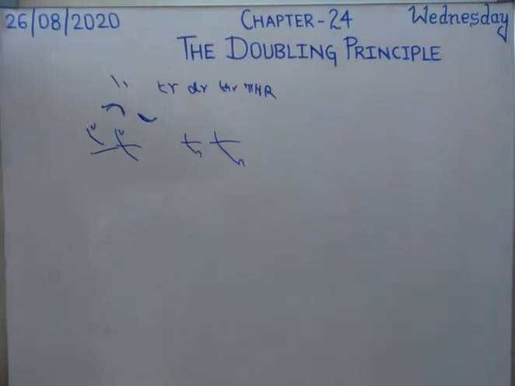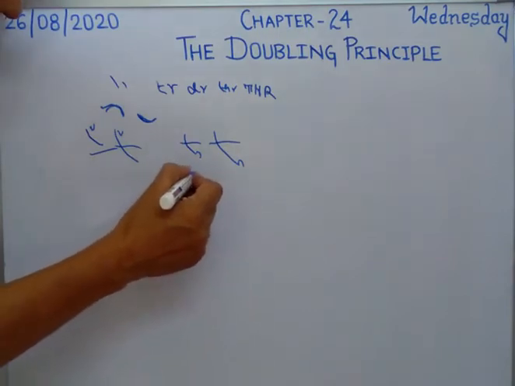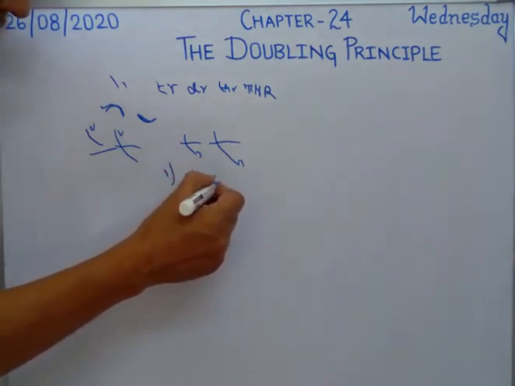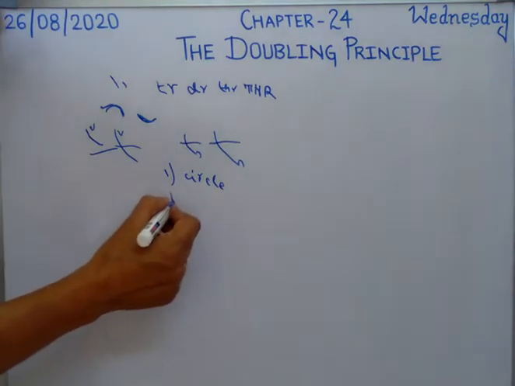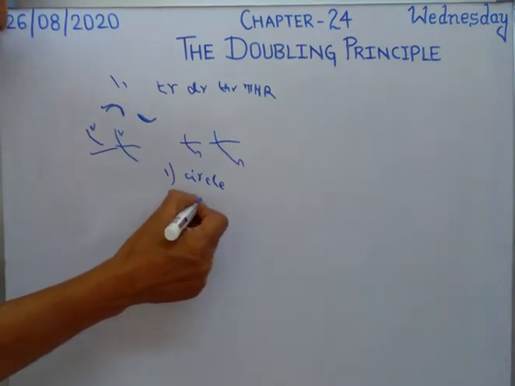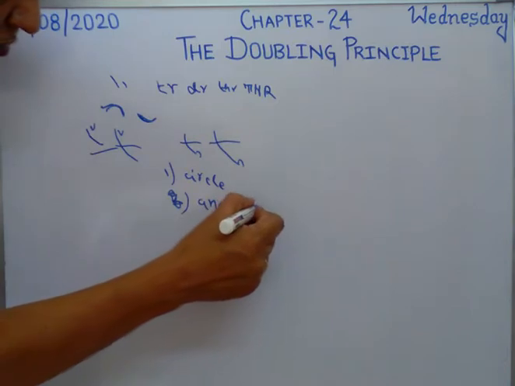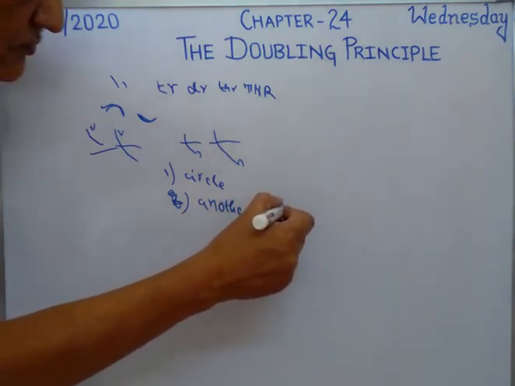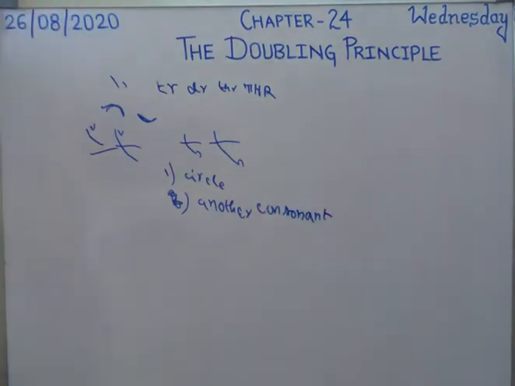But to double a straight stroke, certain conditions have to be fulfilled. Either one of the following conditions has to be fulfilled to double a straight stroke. First condition: there must be a circle attached to the straight stroke in the beginning, or for the stroke which has to be doubled, there should be another consonant attached to that.